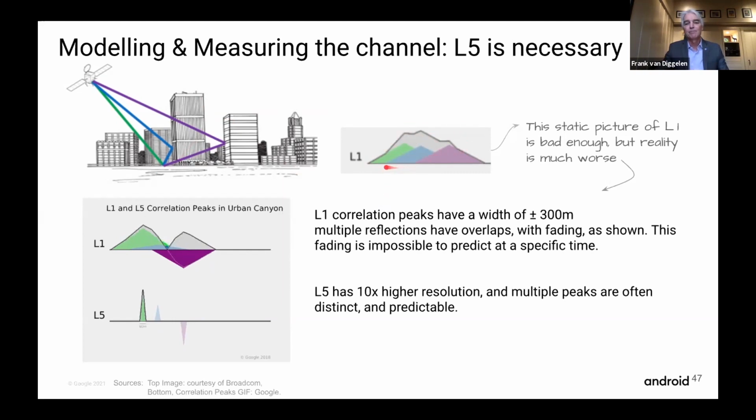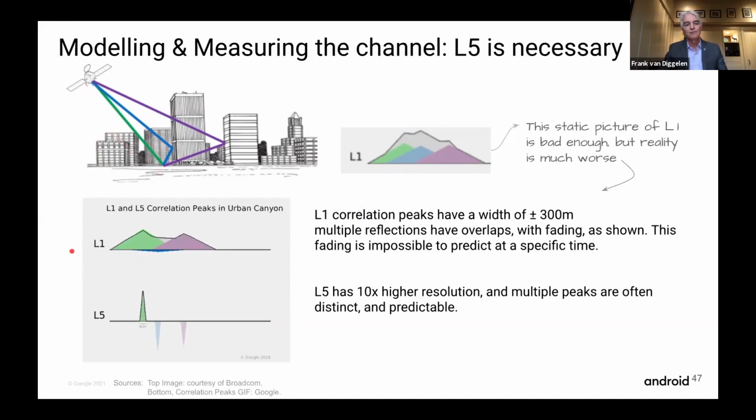This is bad enough, but this static picture is not nearly as bad as the reality. And unfortunately, in papers, we can't print GIFs, but on a screen, I can show you a GIF. The thing to realize here is that these different signals have different phases and slightly different Dopplers from each other. Even if you're stationary, they have different Dopplers because the satellite is moving.